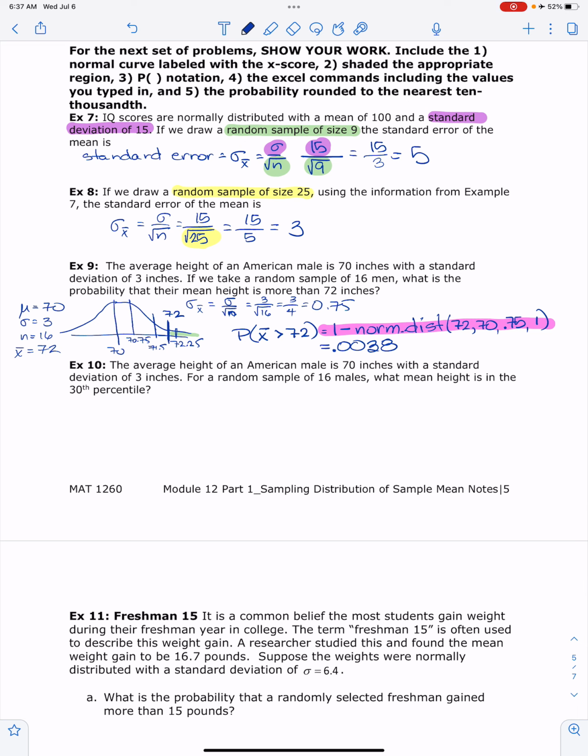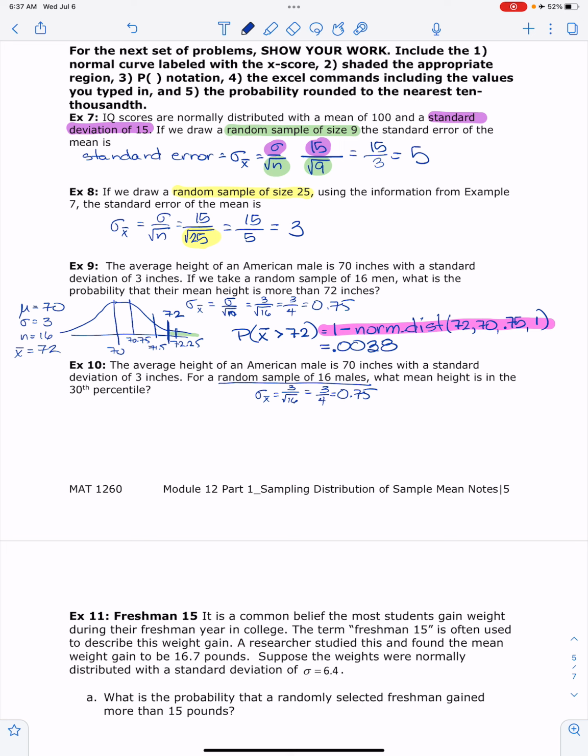For example 10, we've got the average height of an American male is 70, same one, with a standard deviation of 3 inches. For a random sample of 16 males, again, we know from above that our standard error is 0.75.